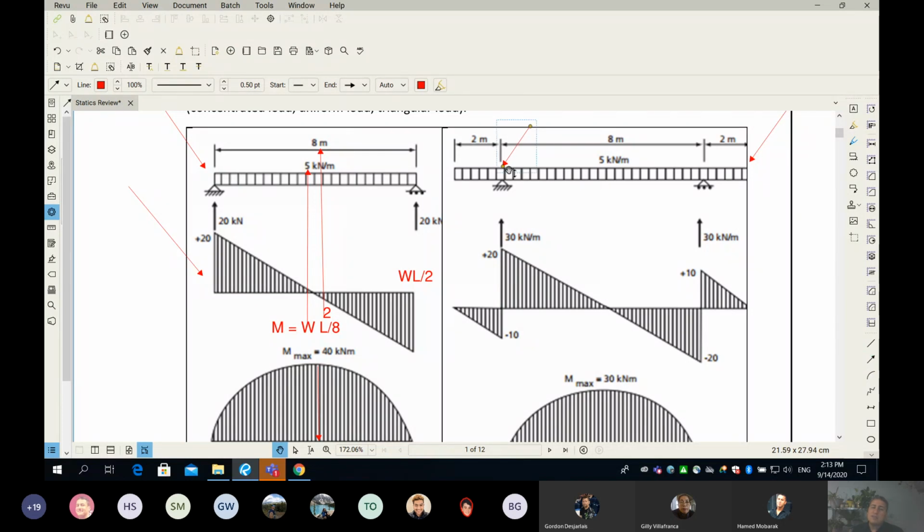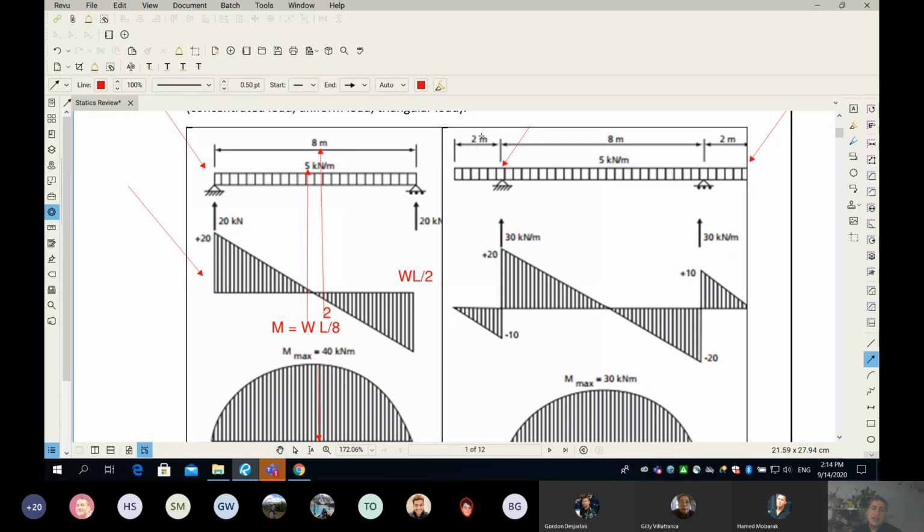To find this bending moment, you take this 5, which is the load per linear meter, and multiply by 2, which is the length of the cantilever. So you're replacing your load by an equivalent load, which is simply in the middle.